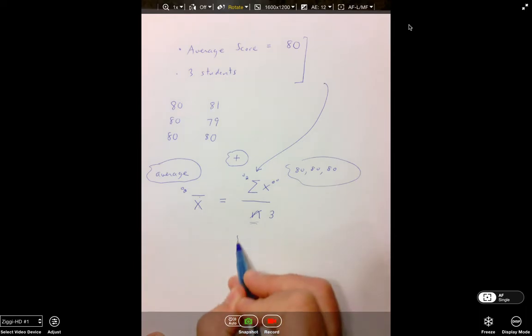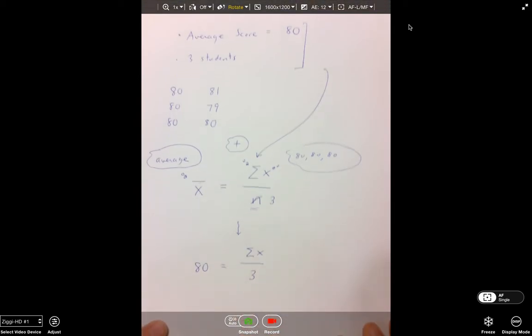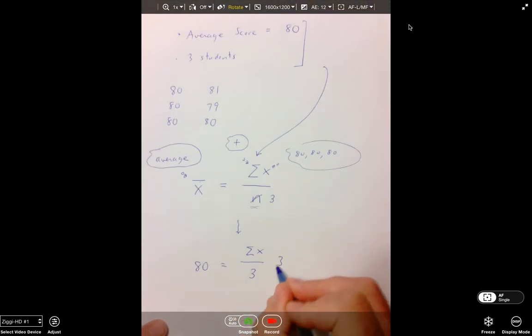So guys, if we take this and think about what we know for sure, if the average score is 80, and we know we get that by taking the sum of the scores, and we have 3 of those, then we can multiply both sides by 3 and determine that the sum of the scores has to be 240.